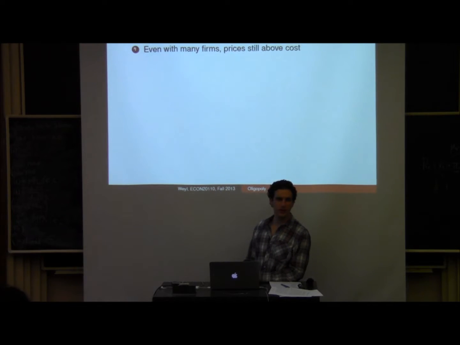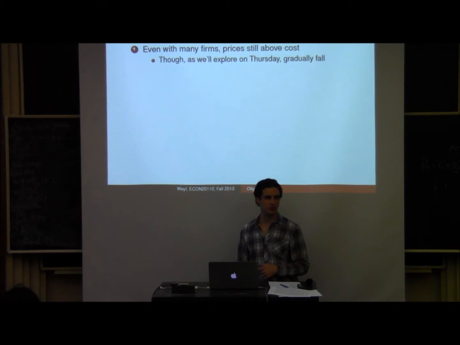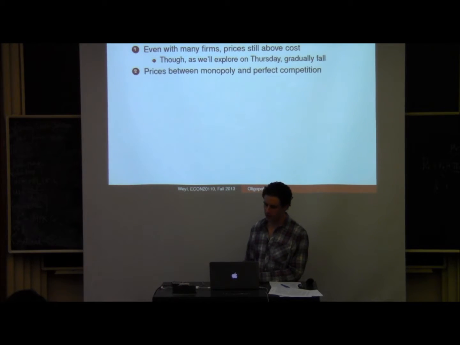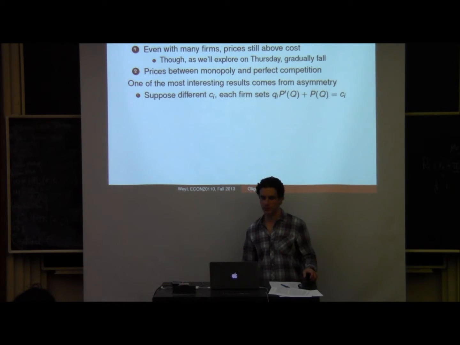So there's a few things to notice. So even with many firms, prices are still above cost, though on Thursday we'll show that they gradually fall towards cost. The prices are going to be between the prices under monopoly and perfect competition. And one of the most interesting results comes from asymmetry.